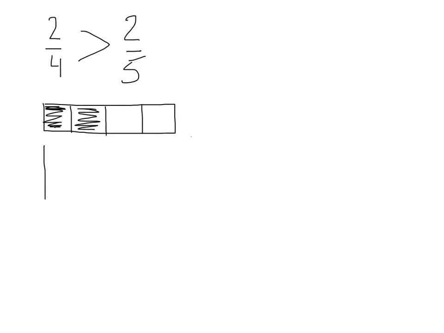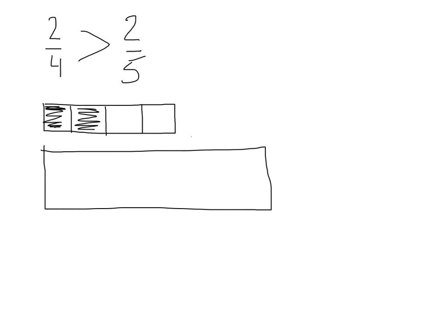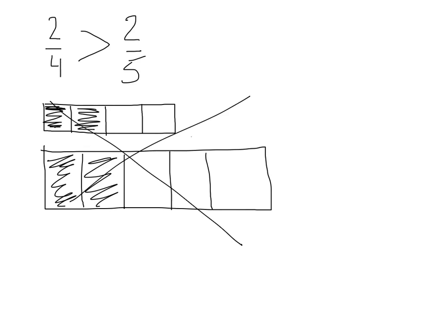So if this was the granola bar of the other character, and we had this split into 5 sections, then this 2/5 would be bigger than that 2/4, but they aren't the same size whole, so we cannot compare those 2 things.